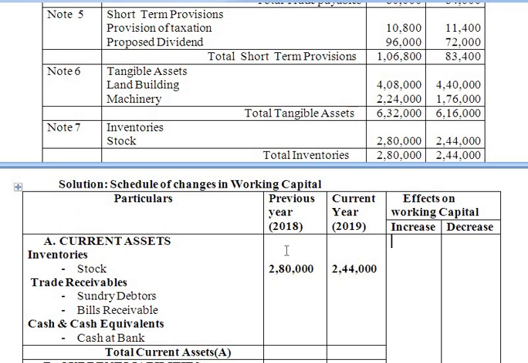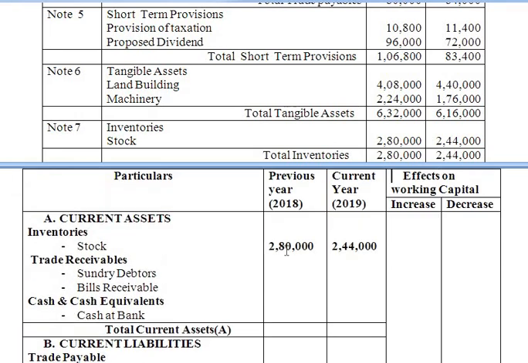Decrease in stock means decrease in current asset, and the effect on working capital is that working capital also decreases. So in the decrease column write 36,000.